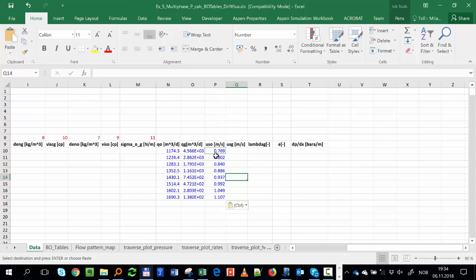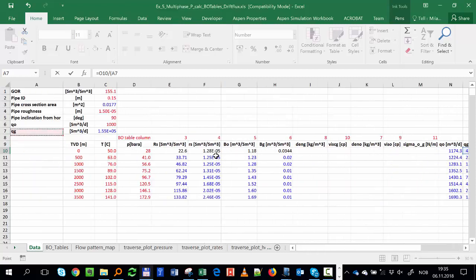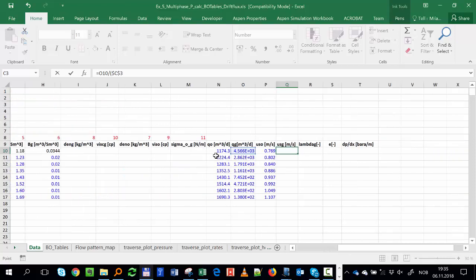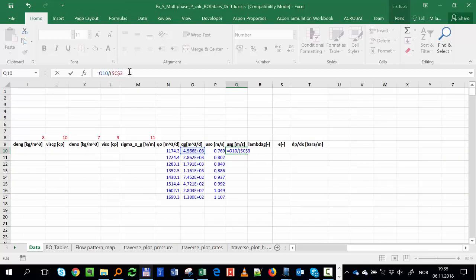Okay, let's do the same for the gas. The gas is the local rate of gas divided by the cross-section area, which is here, and block it. Then I have to multiply times 3600, number of seconds in an hour, times 24 hours, number of hours in a day.